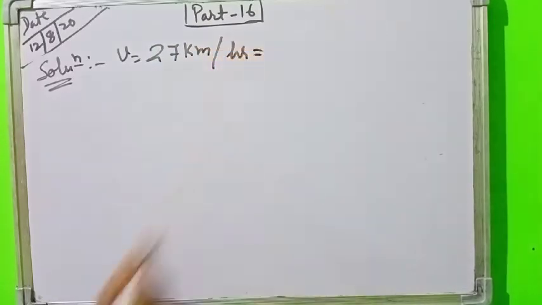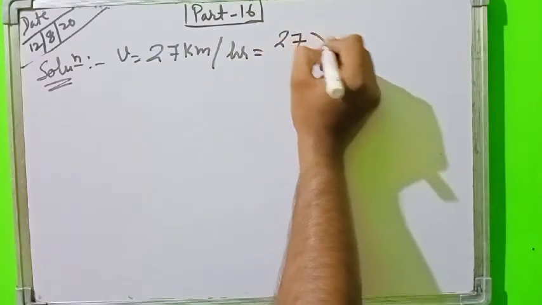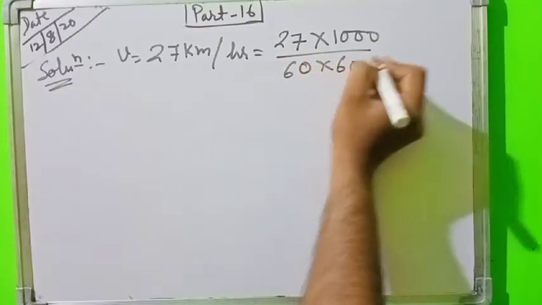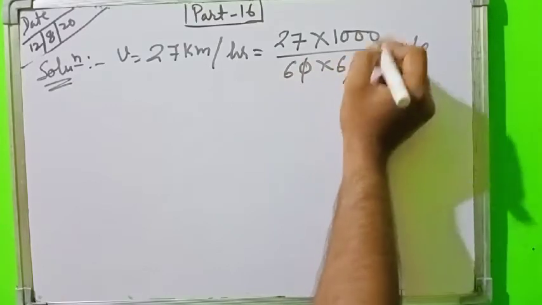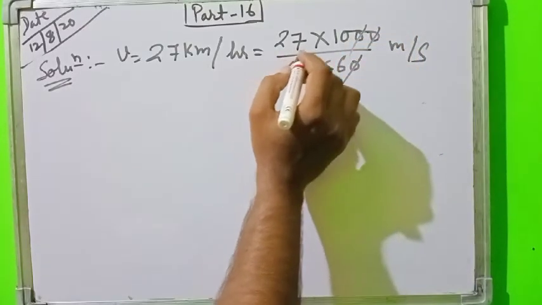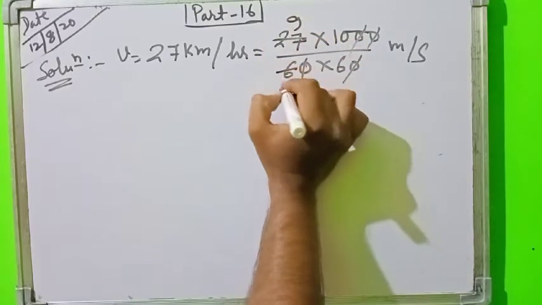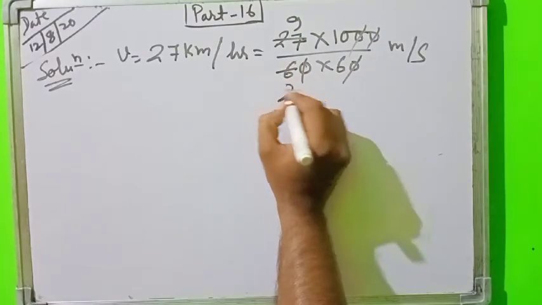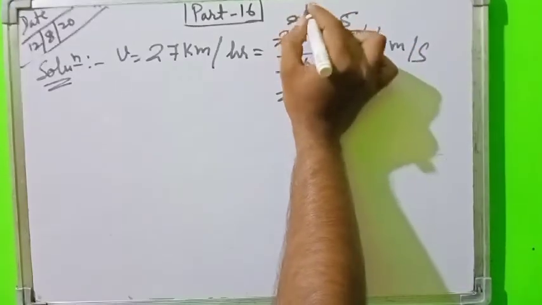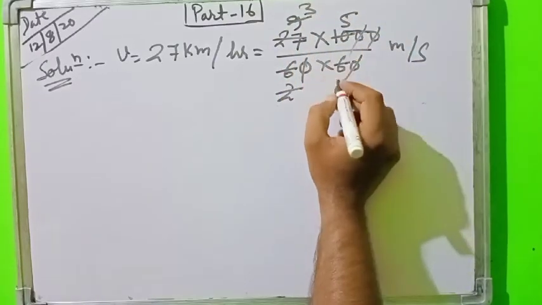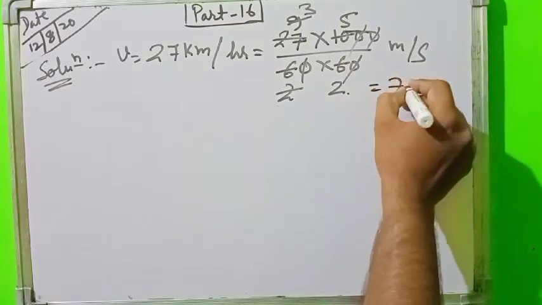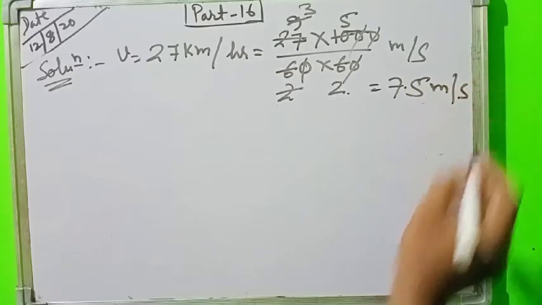So our first and foremost task is to convert it into meter per second. 27 into 1000 upon 60 into 60 meter per second. 6 cancels out, and it becomes 15 upon 2, which is equal to 7.5 meter per second.